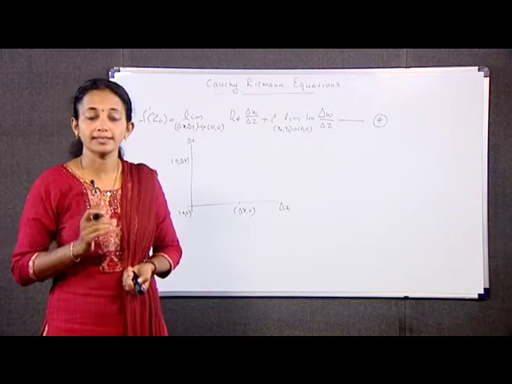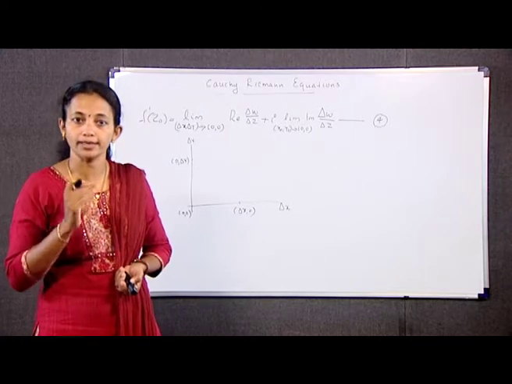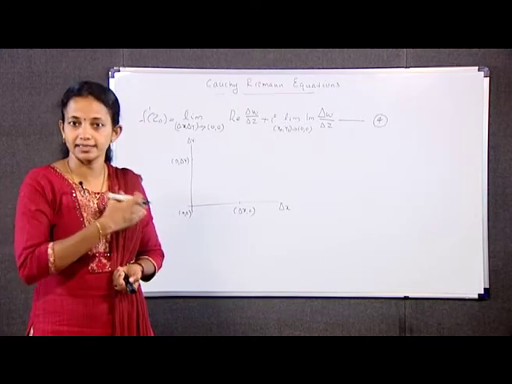In particular, we let (delta x, delta y) tend to (0, 0) horizontally through the point (delta x, 0) as indicated in this figure.